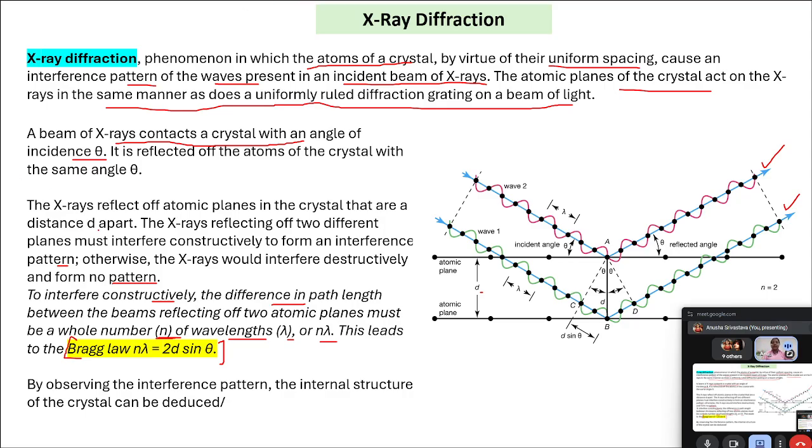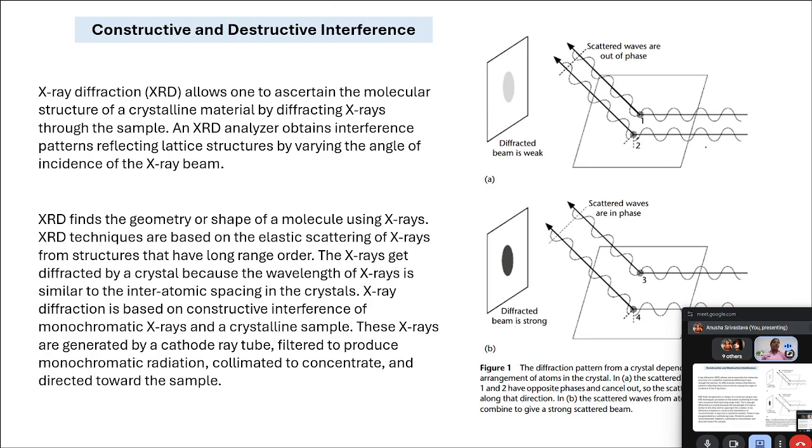By observing the interference pattern, the internal structure of the crystal can be deduced. Now we all know about constructive and destructive interference, right? So XRD allows one to ascertain the molecular structure of a crystalline material by diffracting X-rays through the sample.